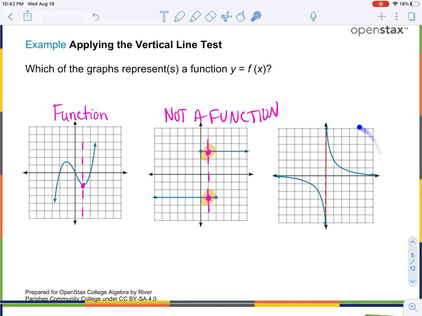Okay, so going back to this one here, there's this funny little line going through here, and depending on your background in graphing, you may not be aware of what this is. This is not part of the graph. This is basically showing that there is a gap between this part of the curve and this part of the curve.